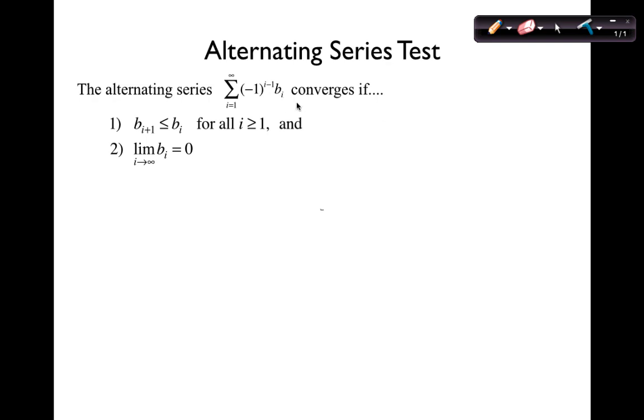So we can put this all together and say we need the b_i's to decrease to 0. That's what that's saying. To put those together, you're saying it's decreasing and approaching 0.